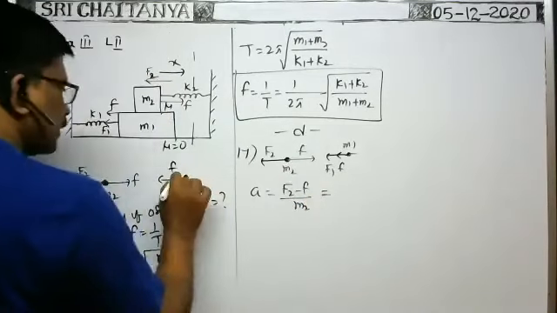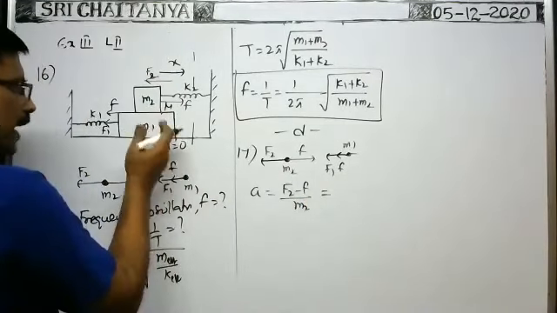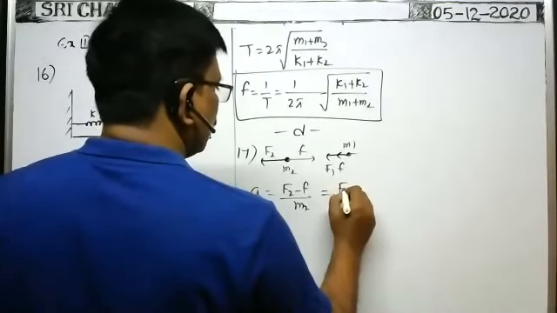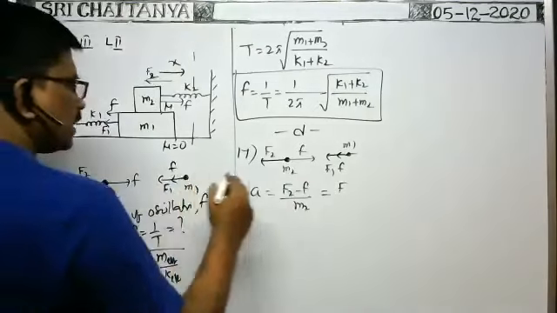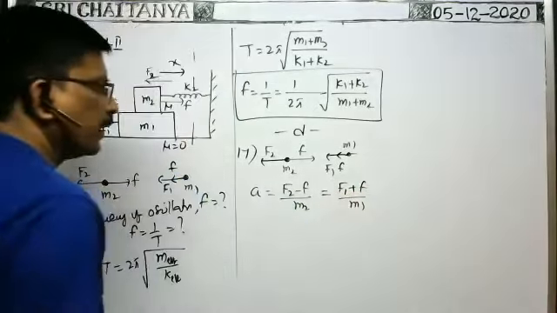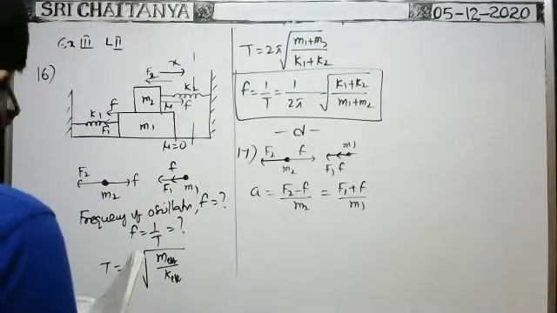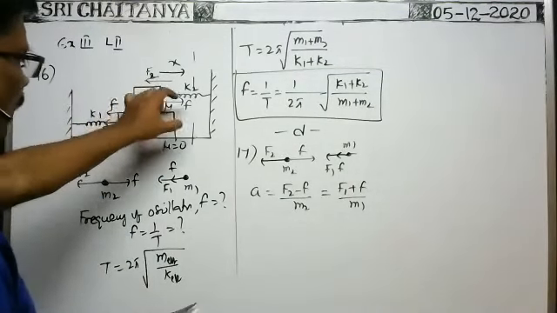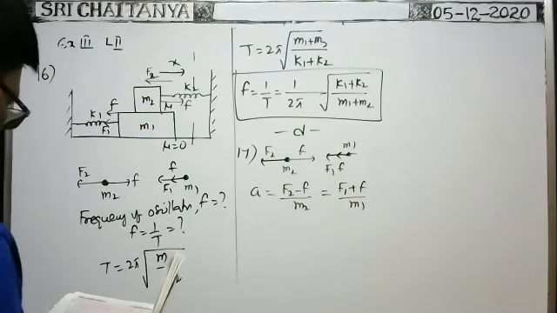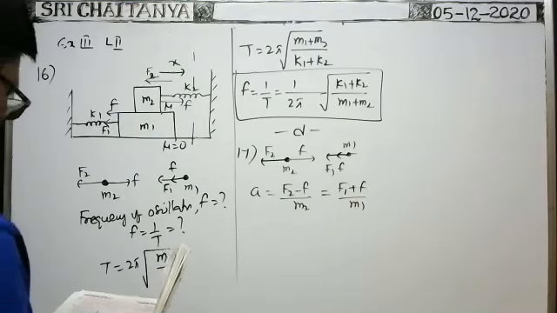In case of the first block also, acceleration is same. That's why in case of first block, acceleration is total net force acting on this block, F1 plus small f, by mass M1. Okay, so as the two blocks move together without slipping, acceleration of the two blocks remains the same. So this is the formula.